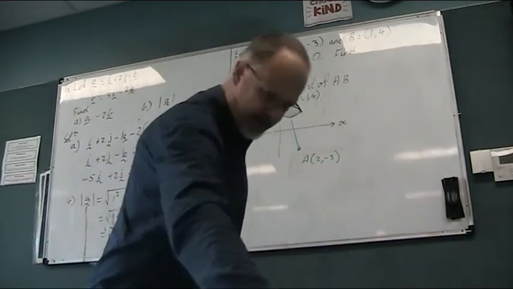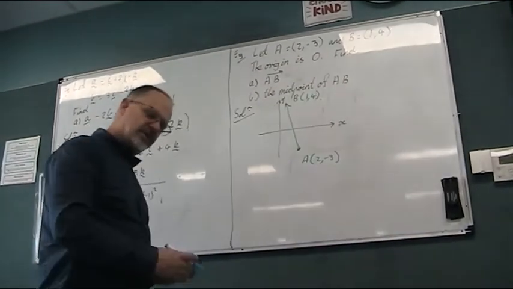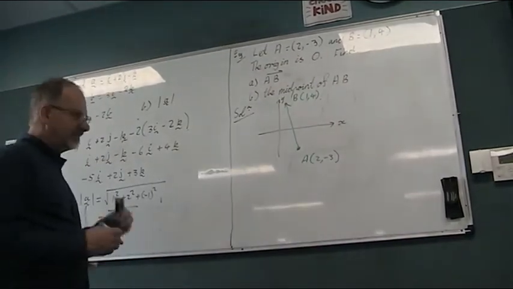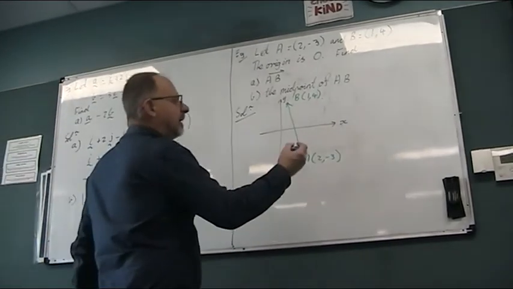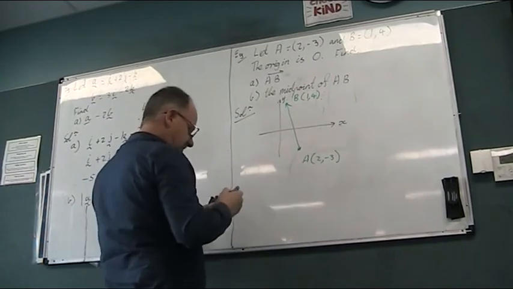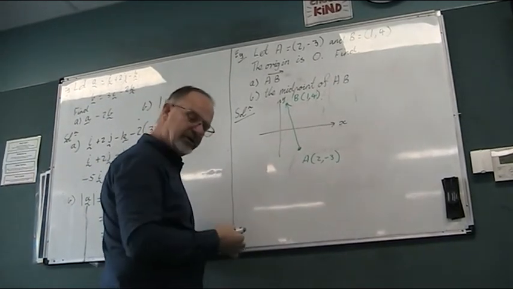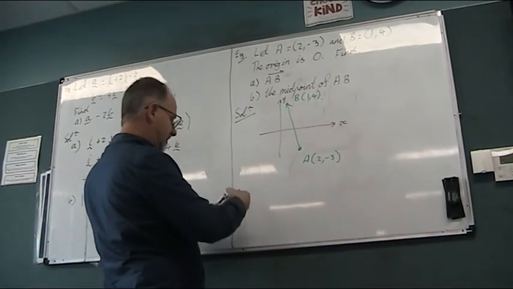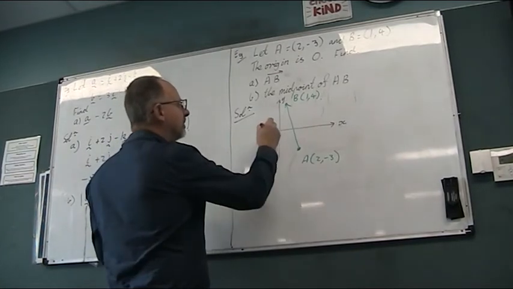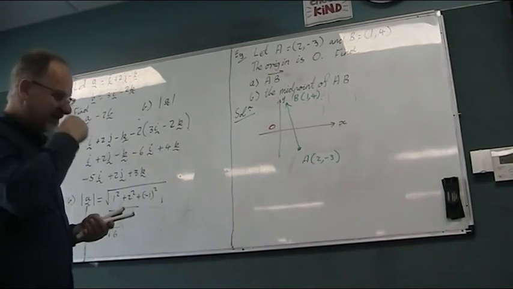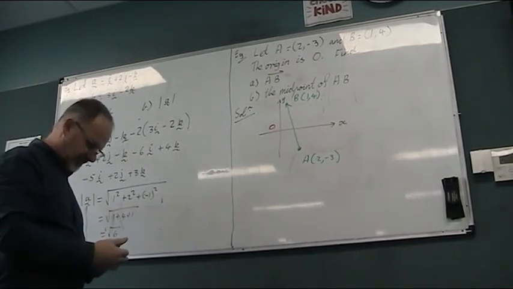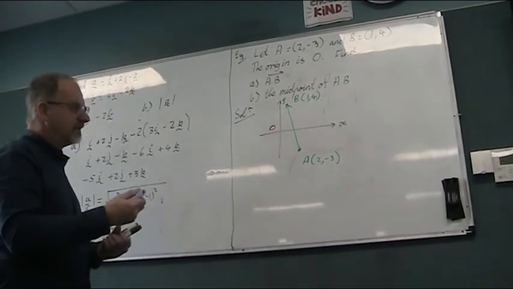So to get that, what we can do is this. Because they've told us that the origin is here at O in the middle here, we can use that to help us in the following way.